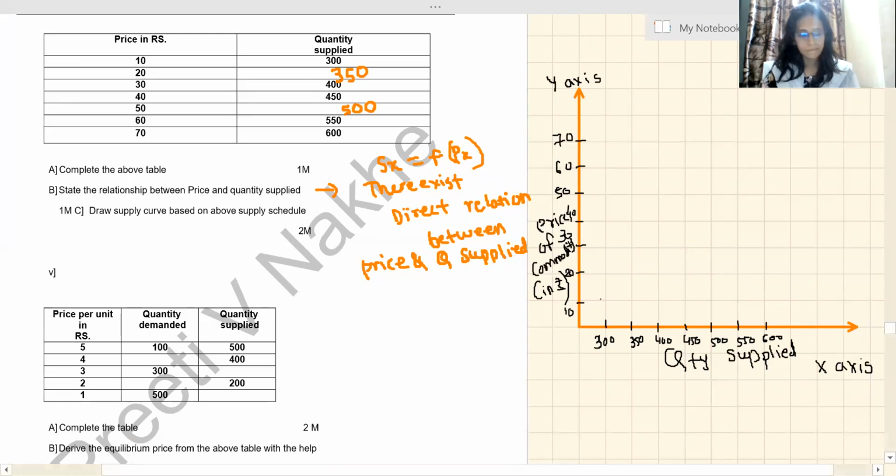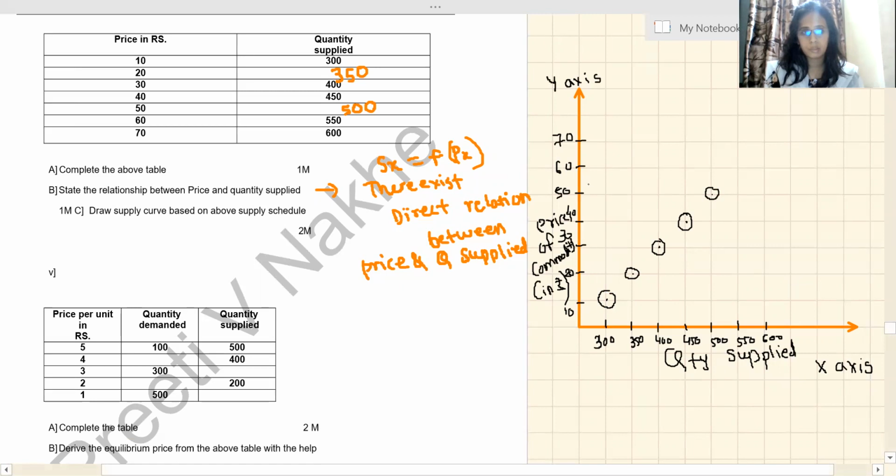Now see, at rupees 10, your supply is 300. At rupees 20, your supply is 350. At rupees 30, your supply is 400. At rupees 40, your supply is 450. At rupees 50, your supply is 500.